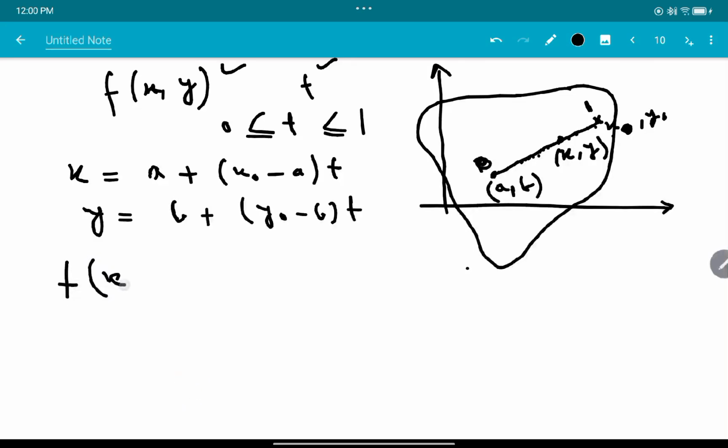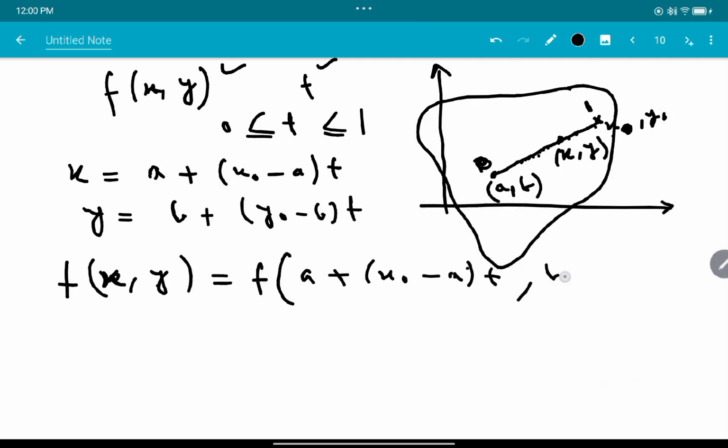Let me write f(x, y) is equal to f of x equal to a plus (x naught minus a) into t, comma y equal to b plus (y naught minus b) into t.